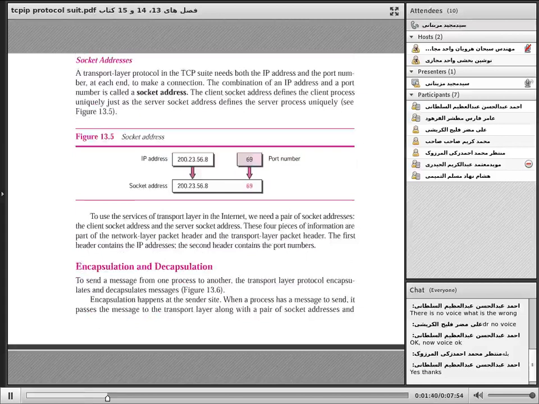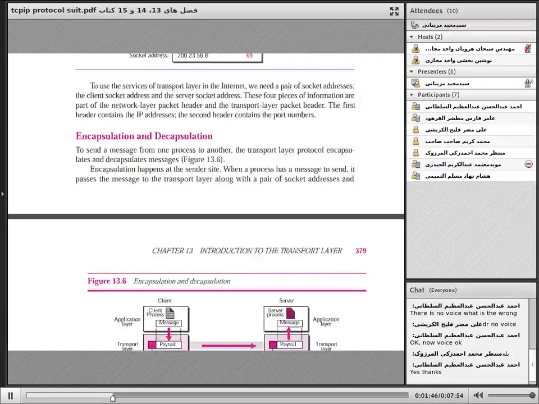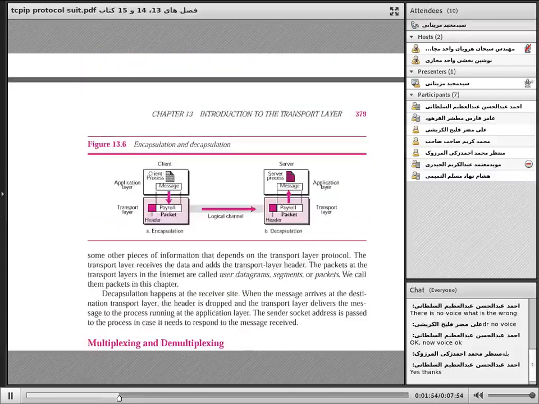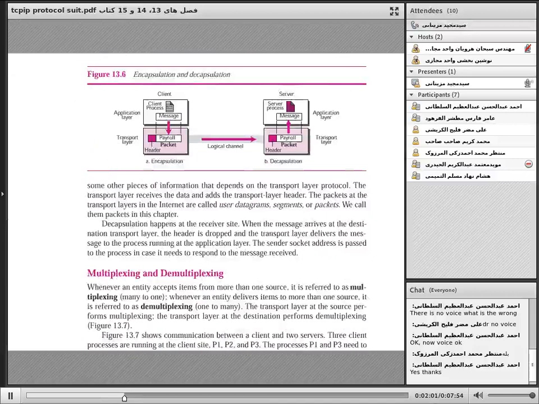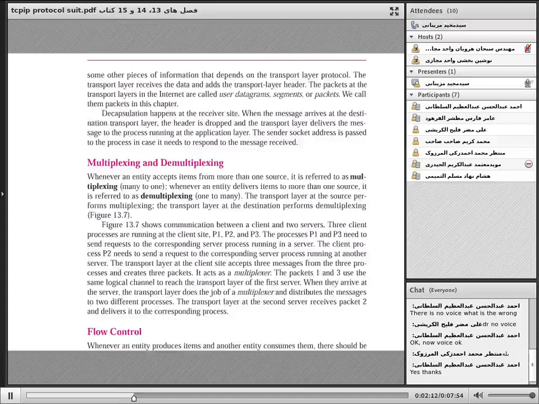What is encapsulation and what is decapsulation? در مورد انکپسولیشن و دیکپسولیشن براتون صحبت کردم. همینطور I explained what multiplexing and demultiplexing is. در مورد اینکه مالتیپلکسینگ و دیمالتیپلکسینگ چی هست صحبت کردم.